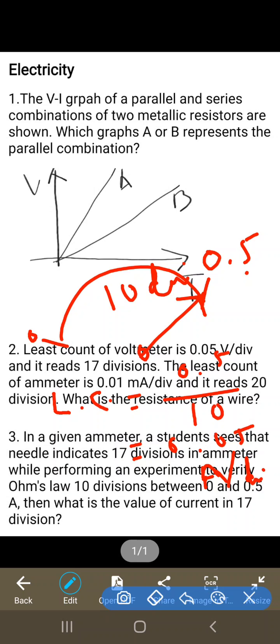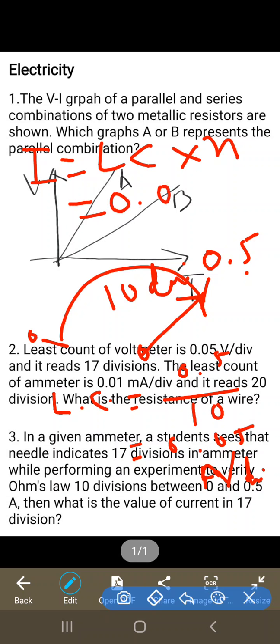Now the reading of the ammeter, I, is equal to least count multiplied by the number of divisions, and least count we get here is 0.05.